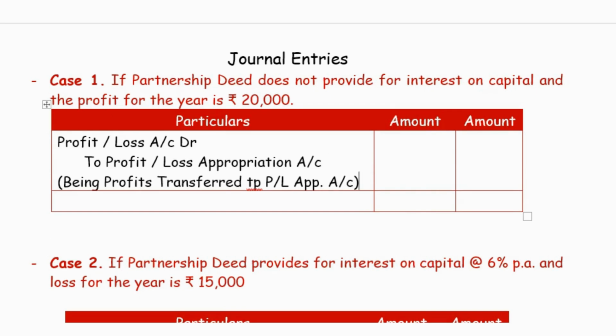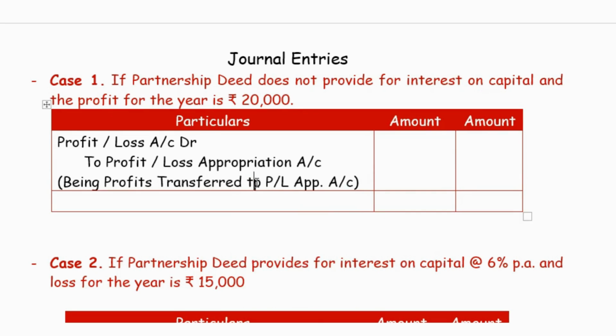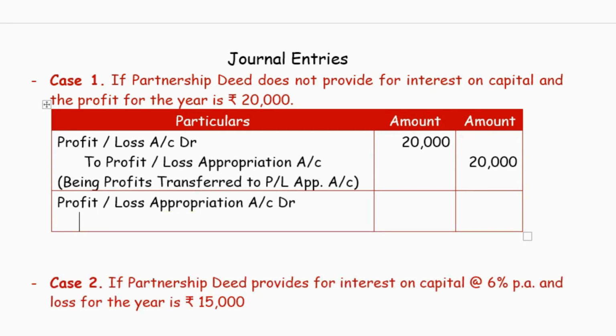The available profits are transferred from the normal profit or loss account to the P&L appropriation account, amounting to 20,000, as given in the question. And this is the profit that is to be divisible, that is to be shared between the partners. So profit or loss appropriation account debit, that is the profit that is divisible to the partners.